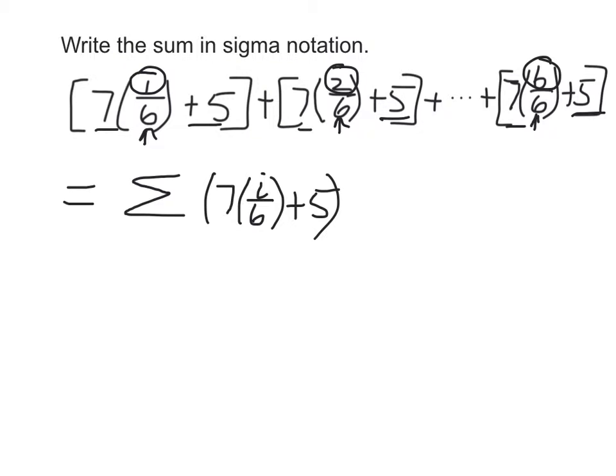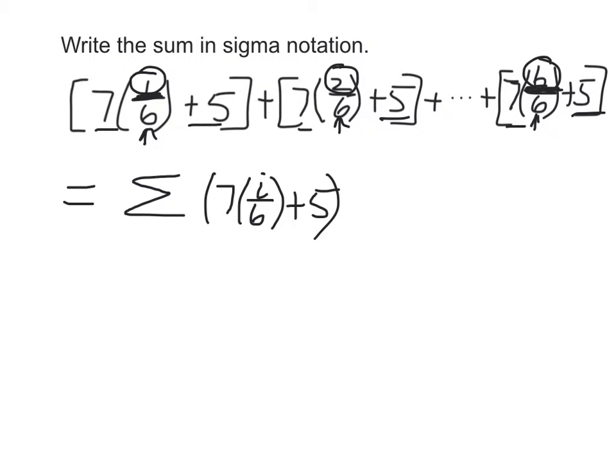And the dot, dot, dot, most of the time we don't want to write out all of the terms. That's why we've created this shortcut notation. Some people think mathematicians are lazy. I kind of prefer the term efficient. We create notation to make things a lot easier to write. But the only thing that's changing is the numerator of this fraction, and it's going from 1 up to 6.